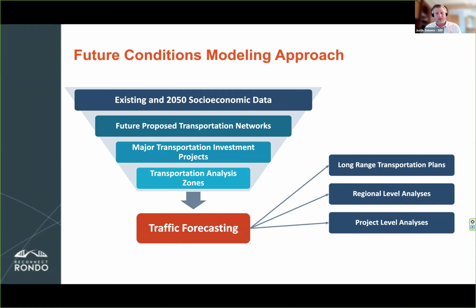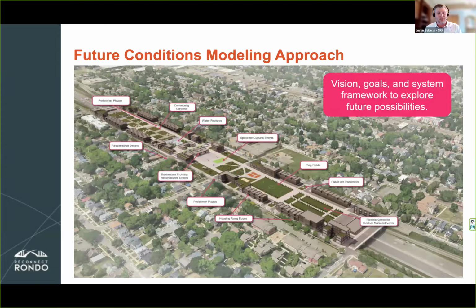We can look at long range transportation plans, we can do regional level analyses, or we can get down to the project level. That's what we're going to be doing as we move through this process for the traffic study, really diving into that project level analysis and what it means for the community as a whole. So we'll be able to look at those different build scenarios that we talked about and understand what that means.